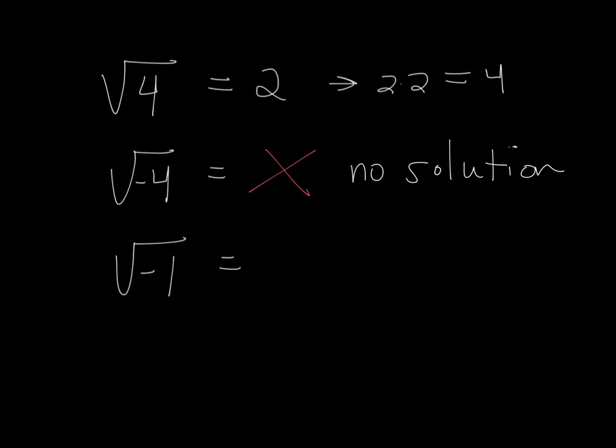But a while back, math people decided that we want to talk about it anyway. In other words, we know it doesn't make sense, but we're going to name it. Here's the big lesson for today. People decided, and we can define anything the way we want. Somebody defined the square root of negative 1, which really doesn't make any sense, because there's no number times itself that can equal a negative anything.